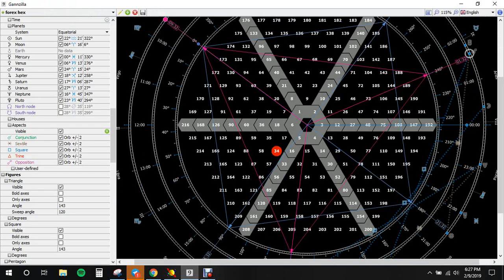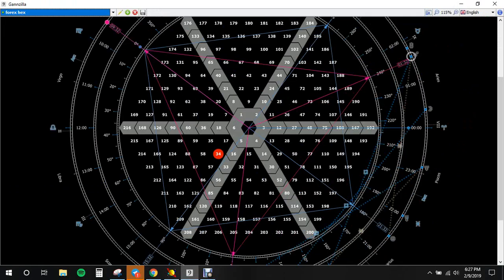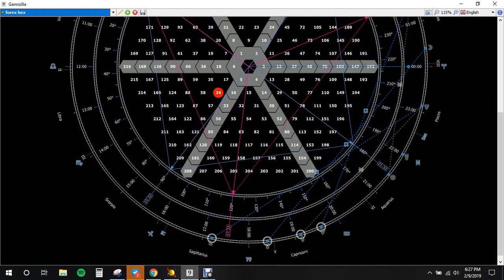So this is the setup that we have for today, with the hexagon. And what time is it? It's about 6:30. I'm always so bad at that math. Maybe 18:30.